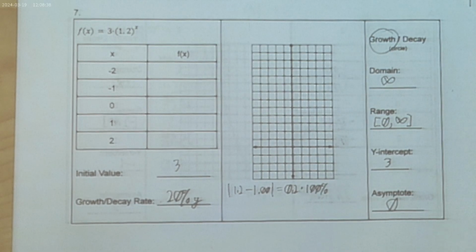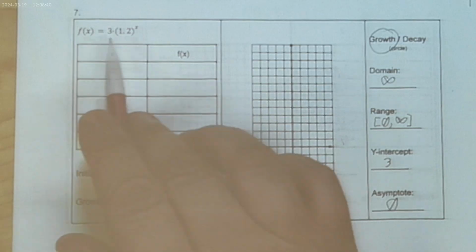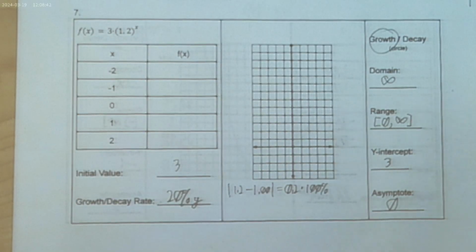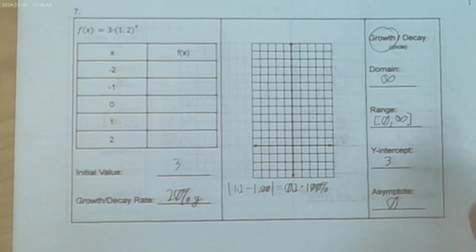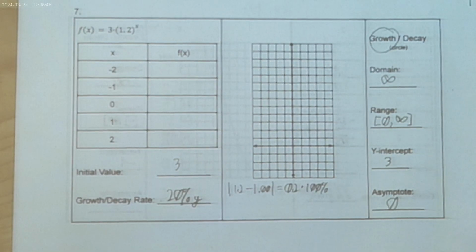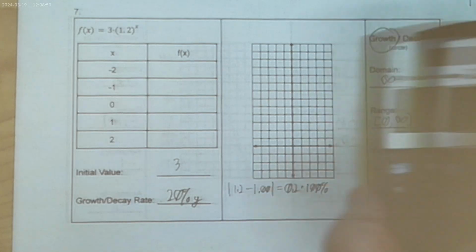So, if we have this form of our exponential function and we have to graph it, we've got all of this information before we've evaluated or plotted a single point. That's pretty handy.